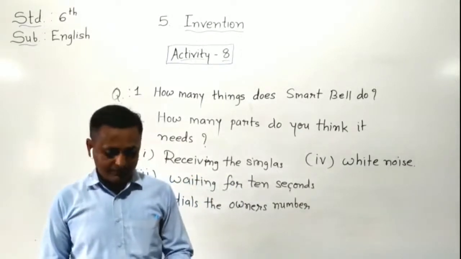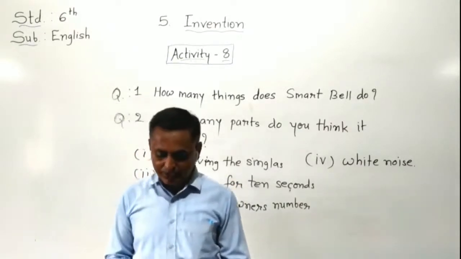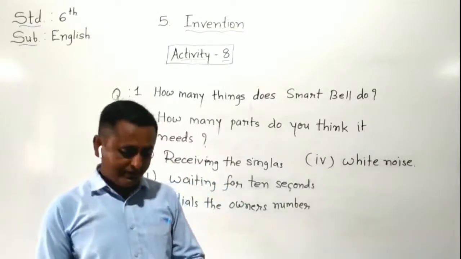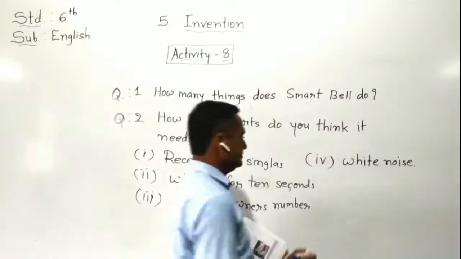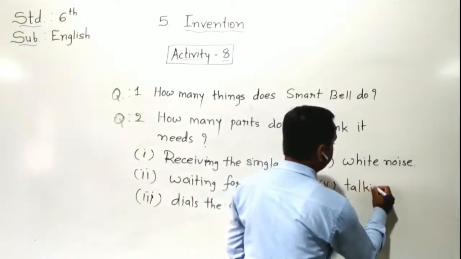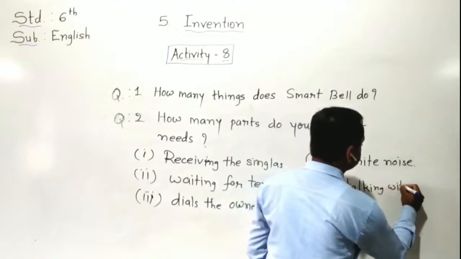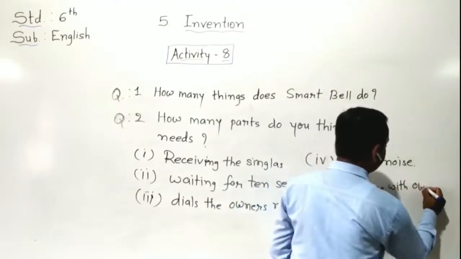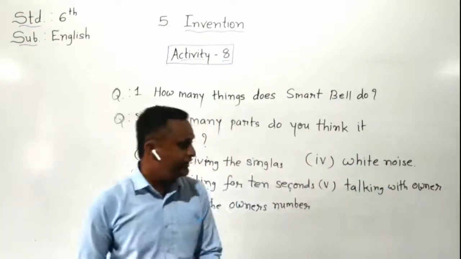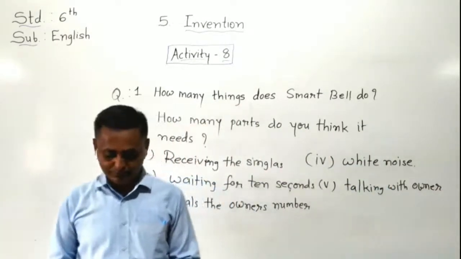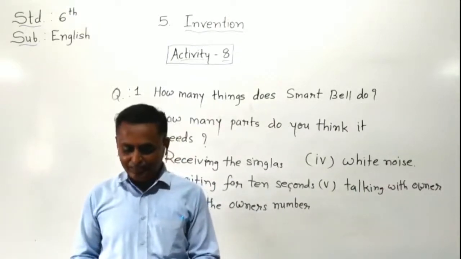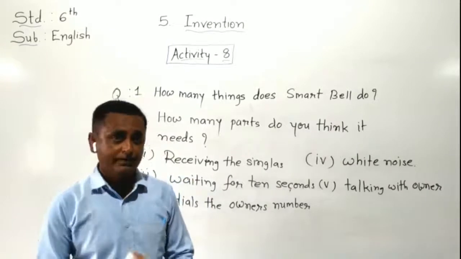Now the fifth step: making the owner of the house talk with the visitor at the front door. Talking with the owner of the house. And the last step is step number 6: creating a sound like an intercom.